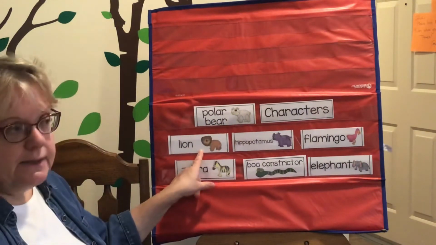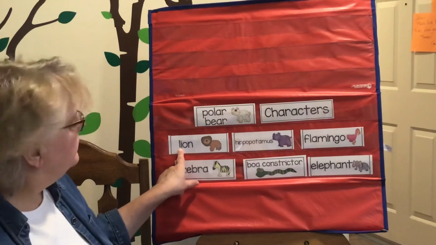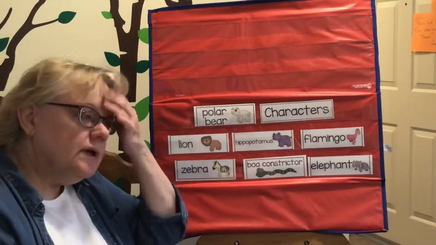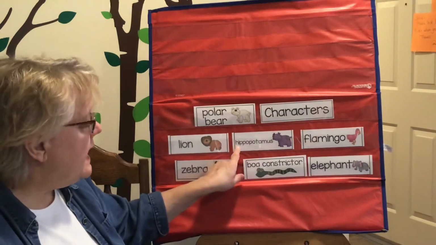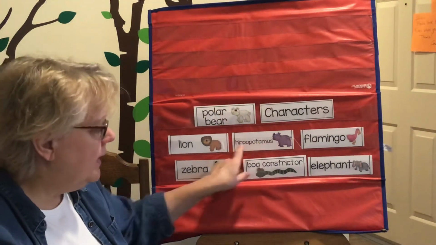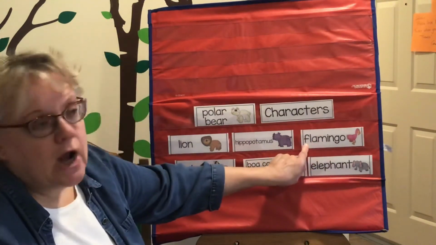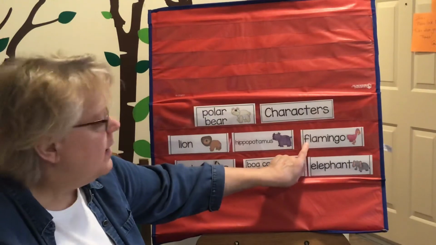How about lion? L, L, lion. How about hippopotamus? Can you say the sound on that? H, hippo, hippopotamus. Flamingo starts with the letter F, flamingo.